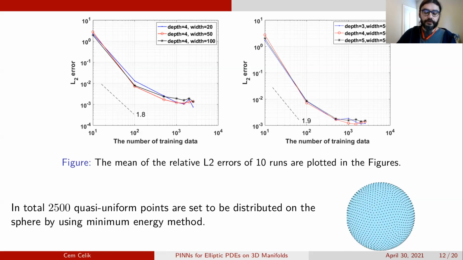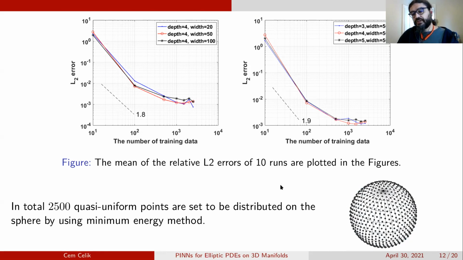I looked for the minimum energy method on the internet, and I found an article which describes how to generate this. What they actually did is divide the surface into rectangles, which they call surface rectangles, like they have here.